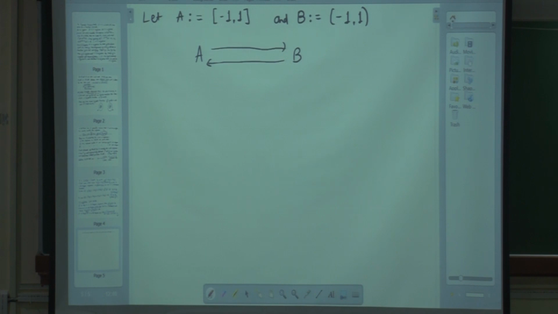So x mapping to x by 2 is a function from A to B. And what about the other direction? x mapping to x. So these two are our functions. Let us call the upper one f and the lower one g. Now what do we have to do? We have to create such sequences. Now, of course, these are not disjoint.